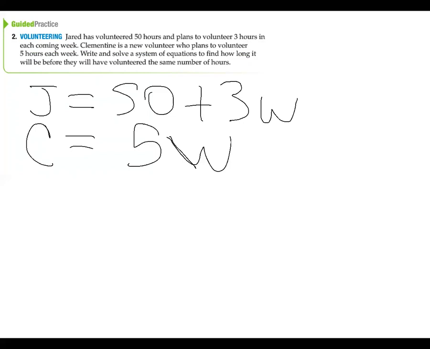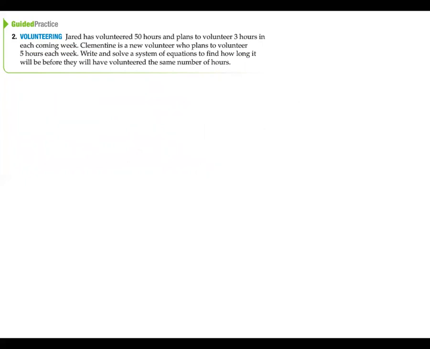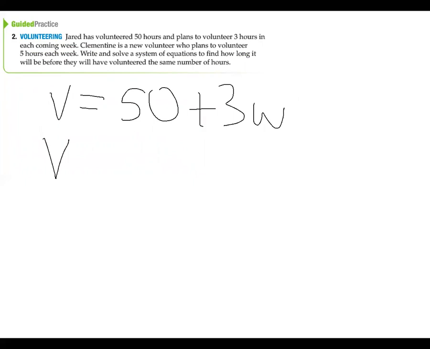Here's where the explanation for that comes in. You actually can use the same variables for both of these because it's talking about the number of weeks and the total amount of hours volunteering. So if I write the equations as, for Jared, his volunteer hours are equal to 50 plus 3 times the number of weeks. And for Clementine, her volunteer hours are just 5 times the number of weeks.